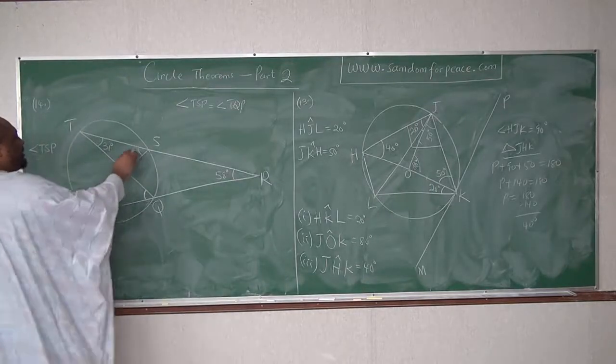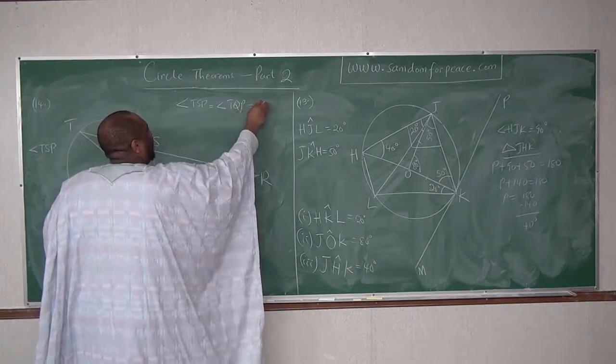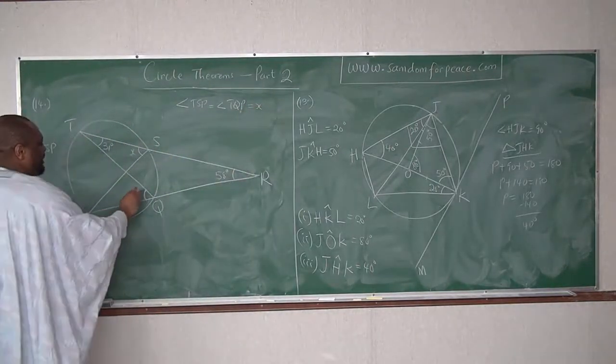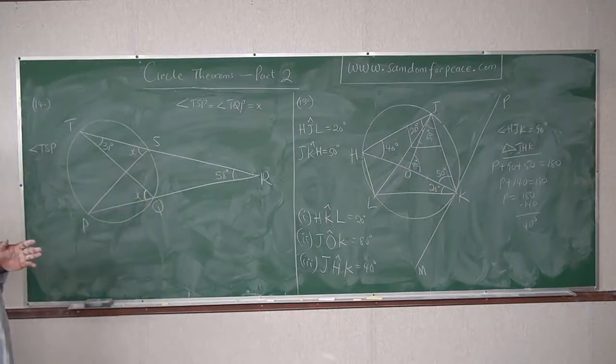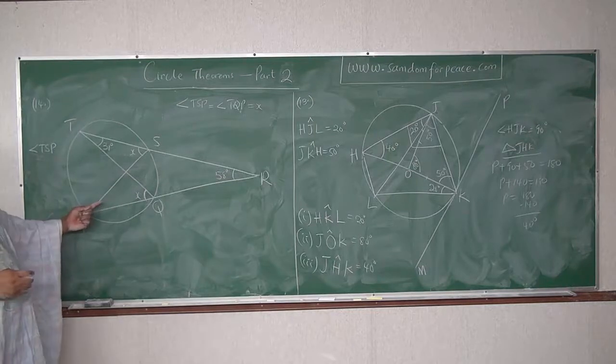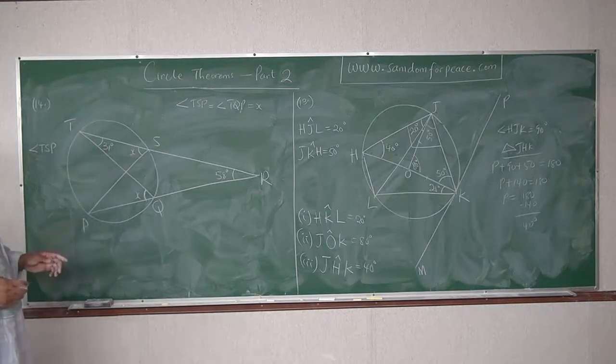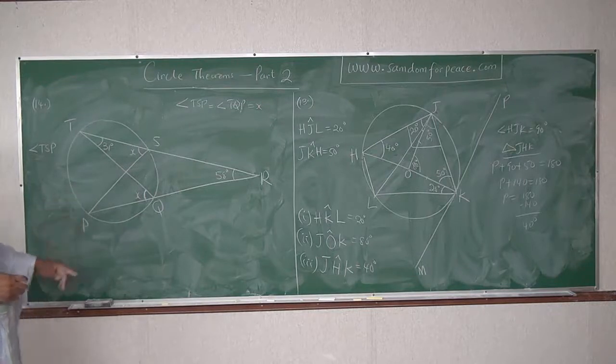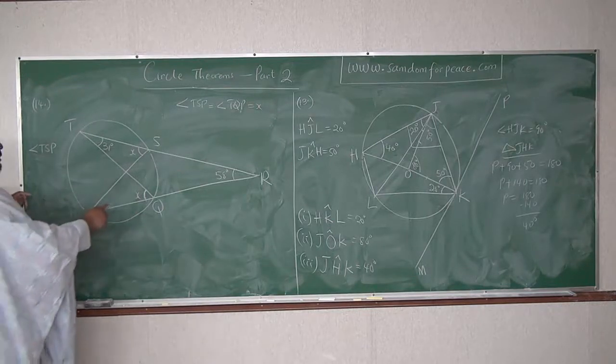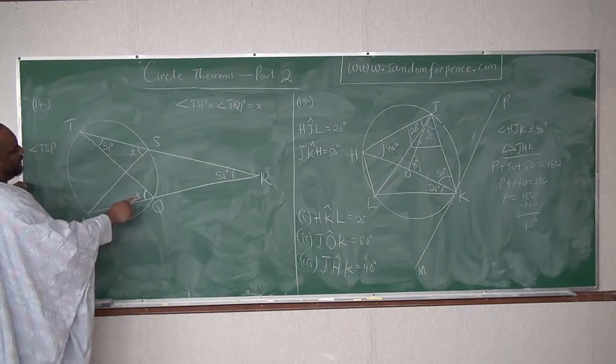Let's call it X. Reason: angle in the same segment. And this is also 31, but I don't think I need it. So let's see if we can find X.